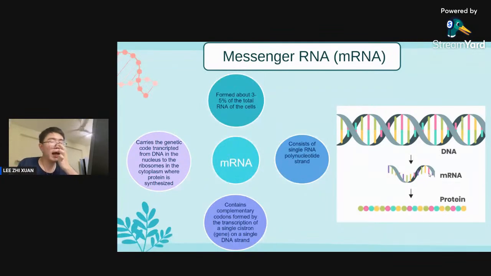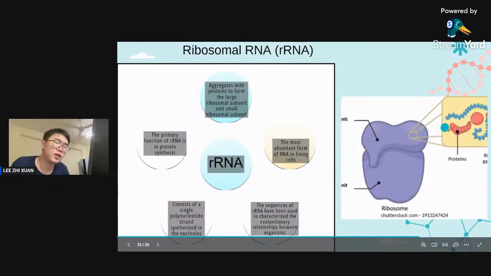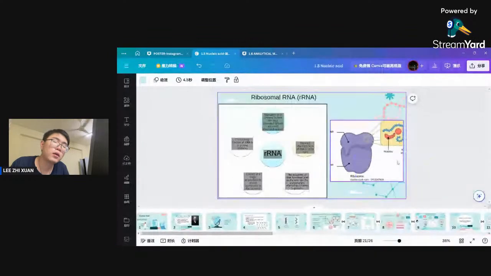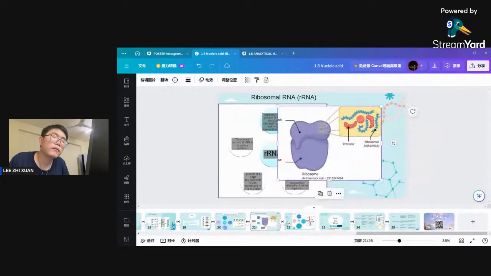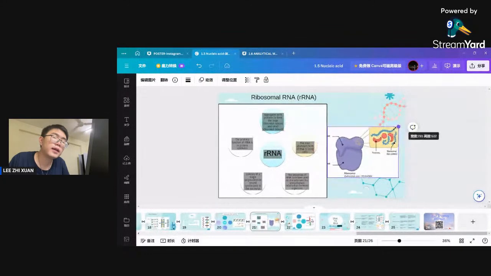Okay, now about rRNA, ribosomal RNA. So actually, if you see this structure, why is the structure like that?